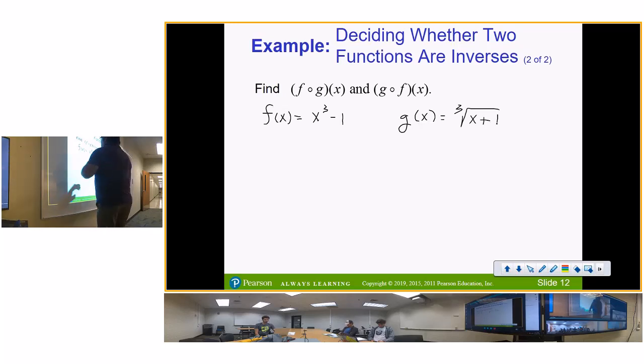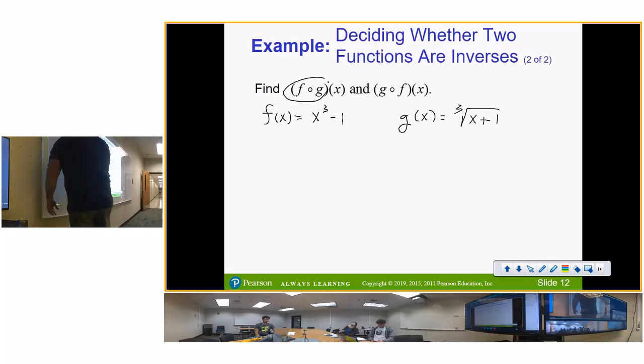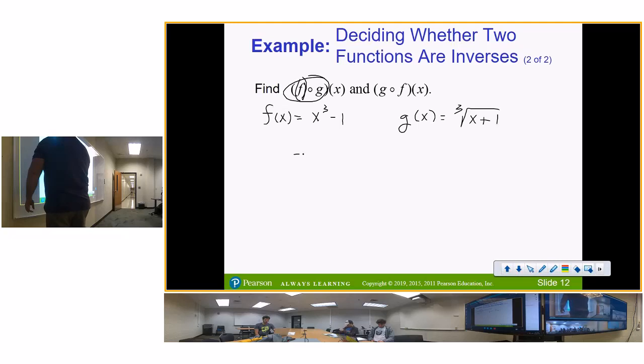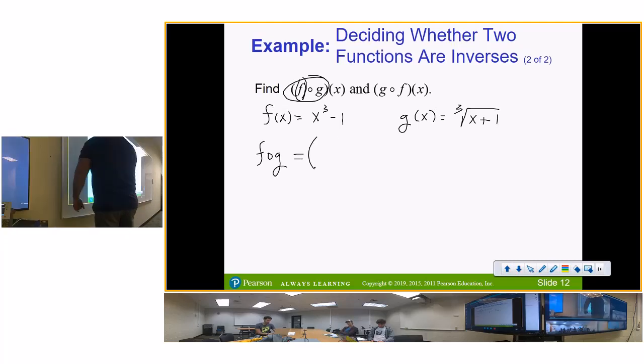So when I do f composed of g, that means I'm going to rewrite f with a big set of parentheses, and I'm going to plug g, the cube root of x plus 1, into those parentheses.